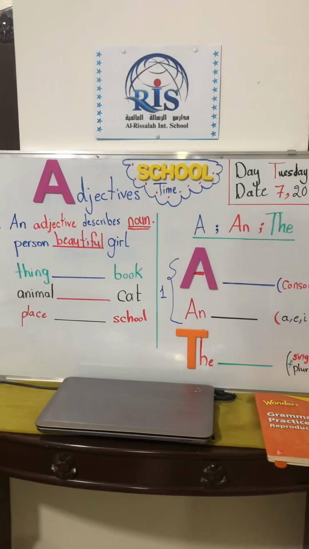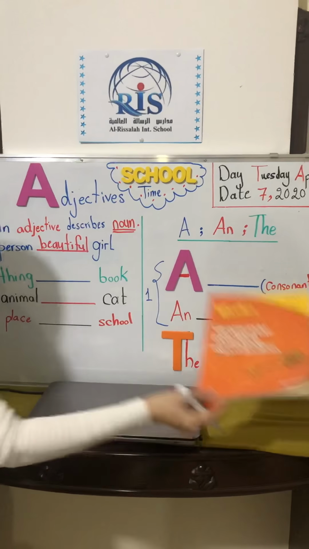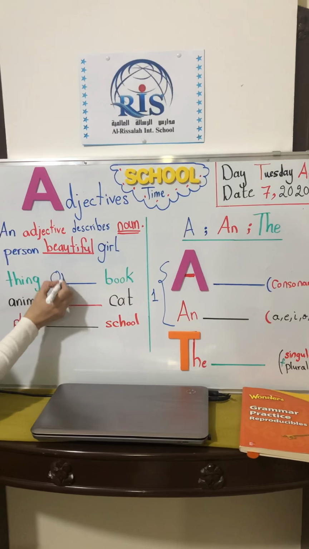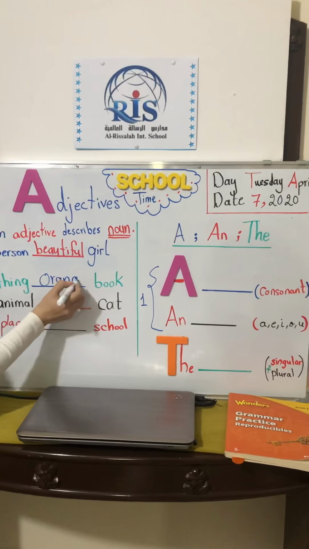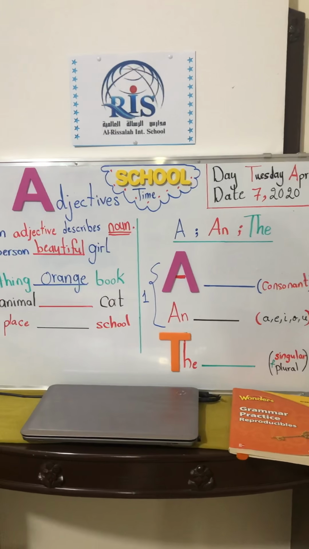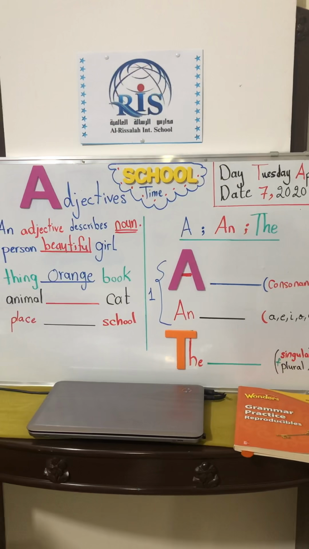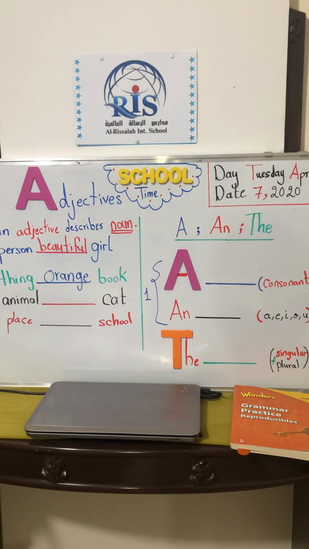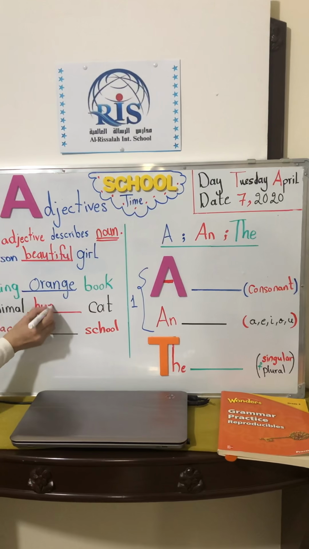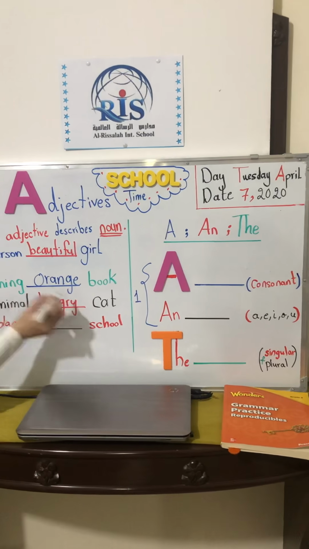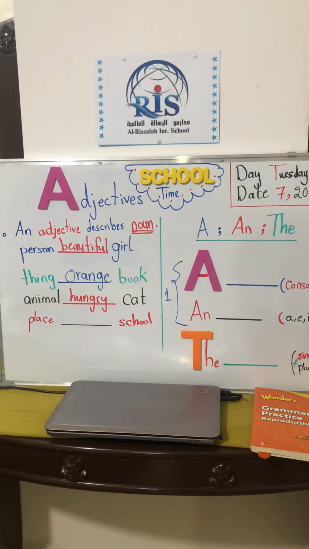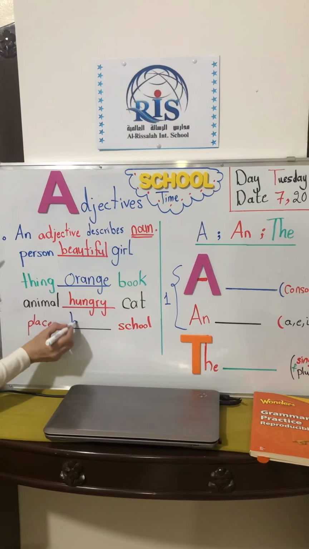Instead of saying book, I'm going to say I have an orange book. Instead of saying a cat, I'm going to give more information about a cat. It's a hungry cat. Instead of saying school, I'm going to say big school.